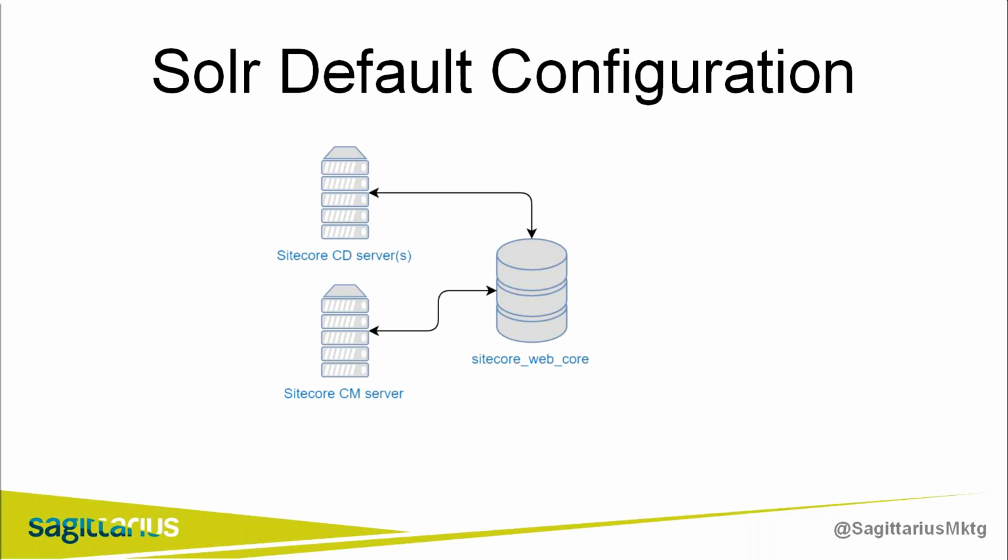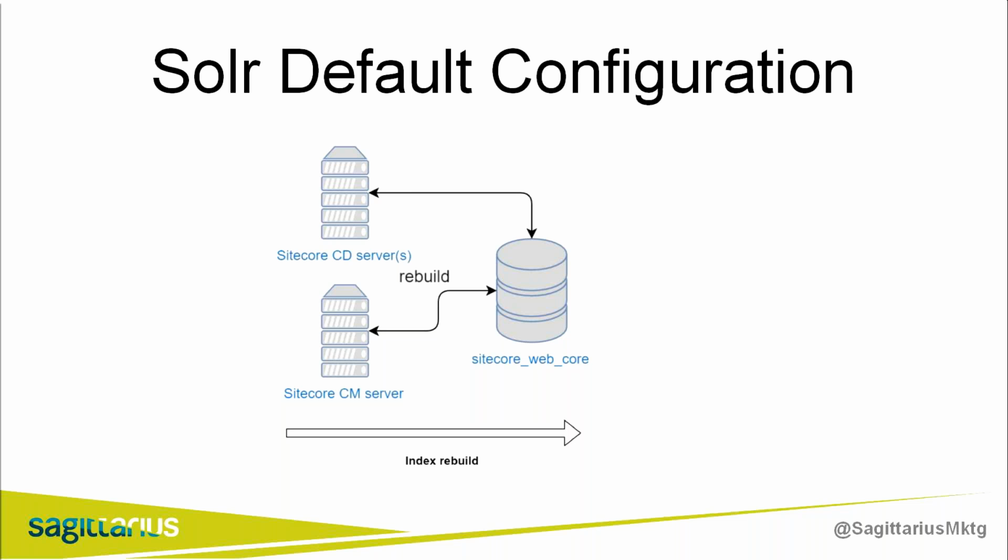So there are a lot of actions, and one of them can fail and you will get nothing on CD servers. With SOLR, the CM server pushes index changes to the SOLR server, and these changes immediately appear on all CD servers.